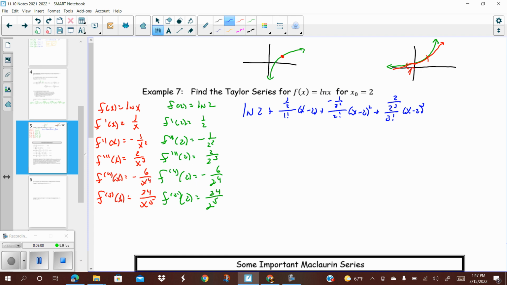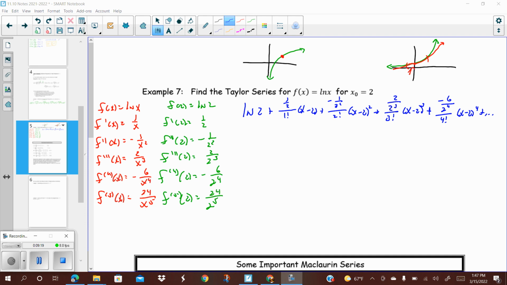I'll probably just write one more because I'm going to run out of room here. So plus, let's see, fourth derivative, negative 6 over 2 to the 4th power over 4 factorial, x minus 2 to the 4th, and so on.